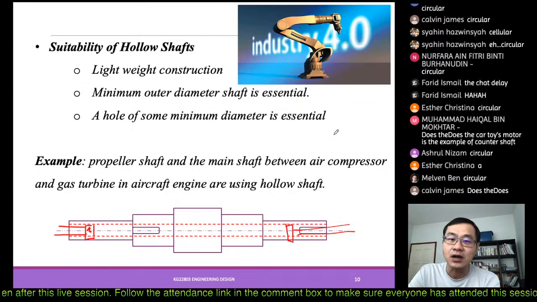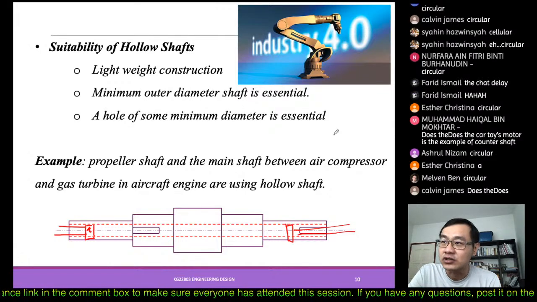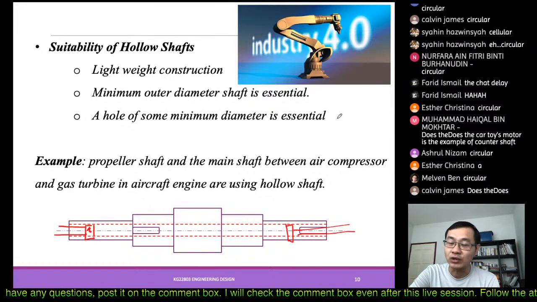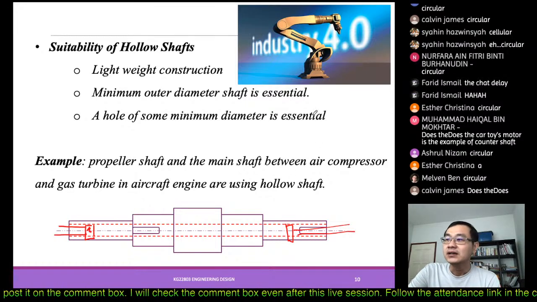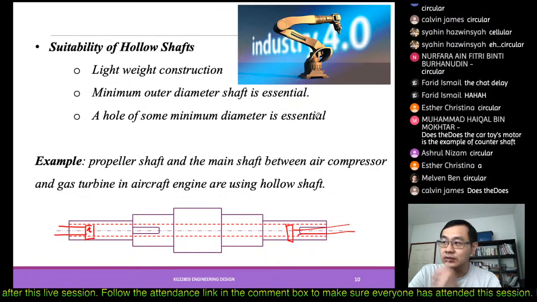So the suitability of the hollow shaft, as we say, is lightweight construction. The minimum outer diameter of the shaft is now important, right? And also the hole of the minimum diameter is also important.